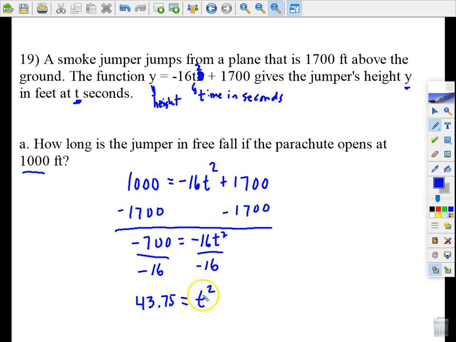Since we do want an exact number because we're dealing with a word problem, I want you to use your calculator and come up with the decimal equivalent. So we need to find out what the square root of 43.75 is.